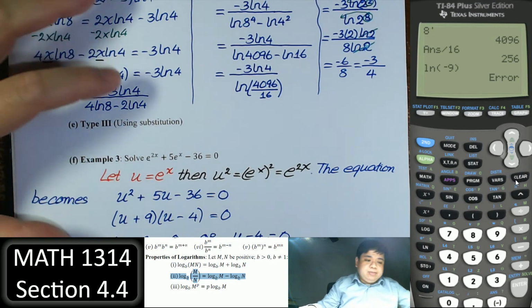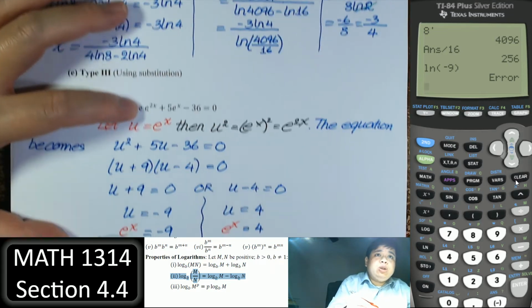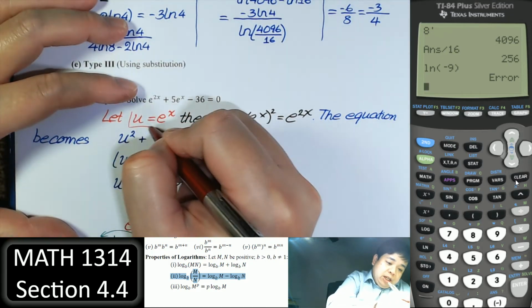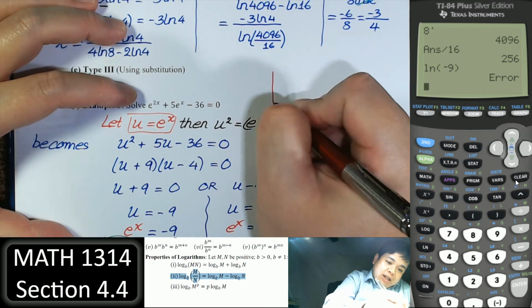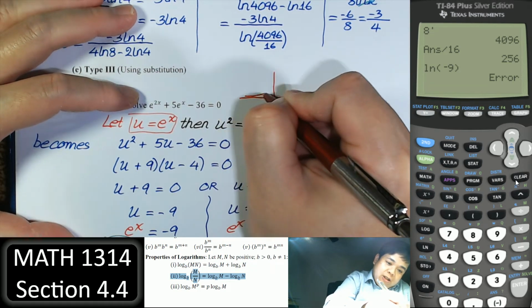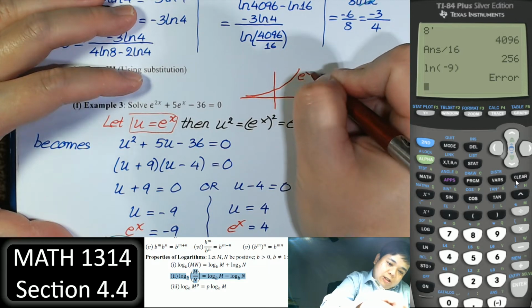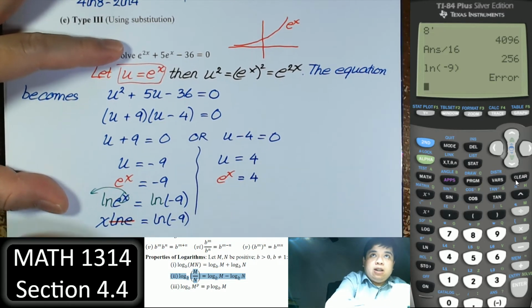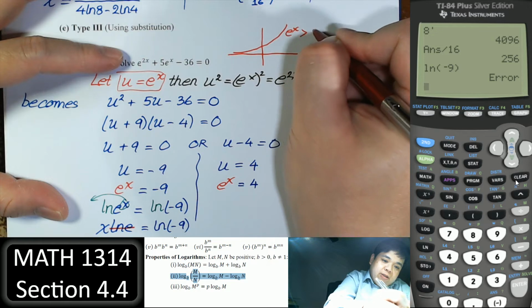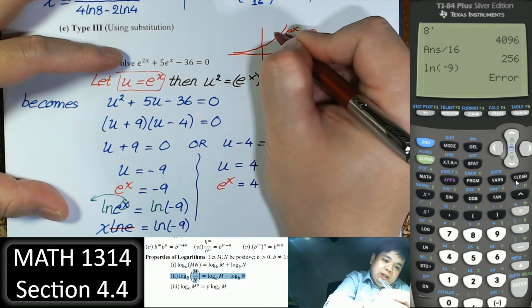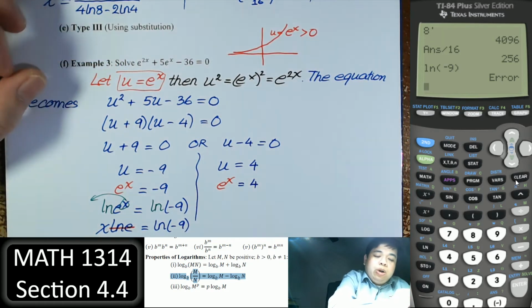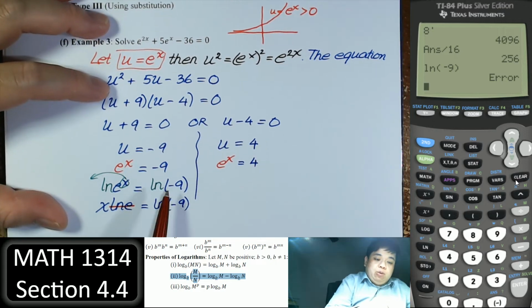So why is that? When we use the substitution, we have u equal to e to the x, and the function looks like that, and it has to be positive. So u is going to be positive, and we have negative 9 here.